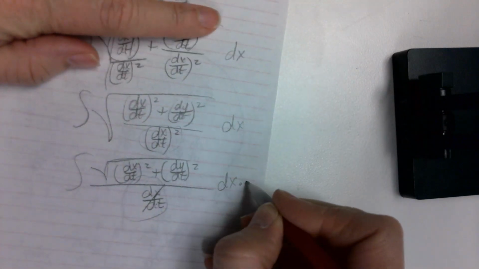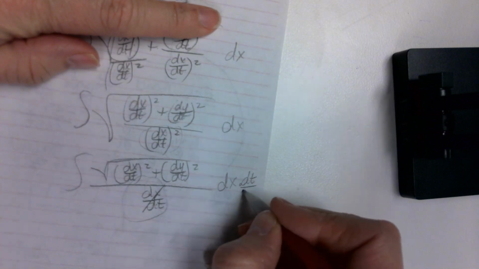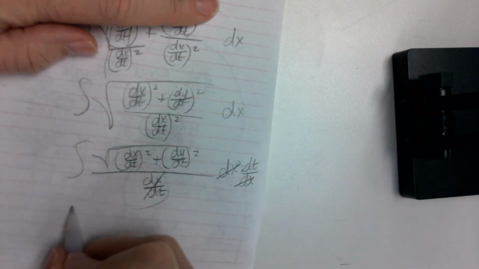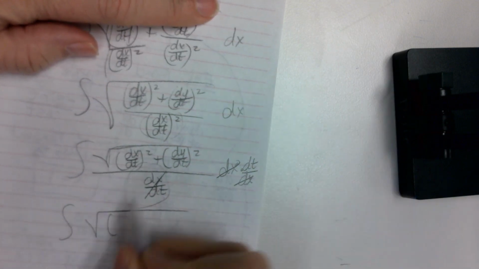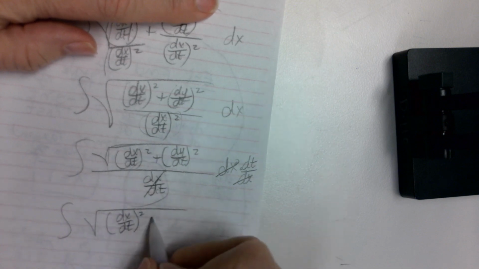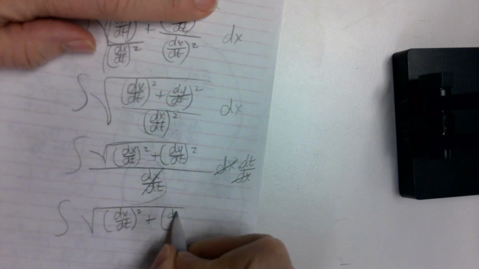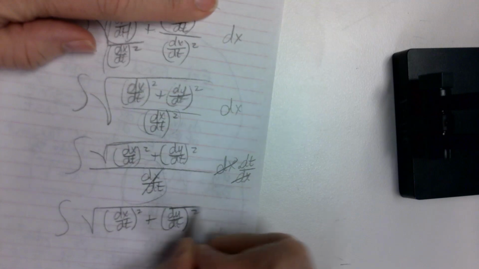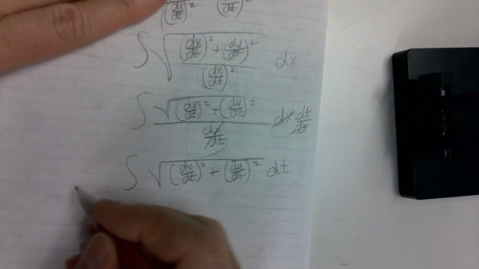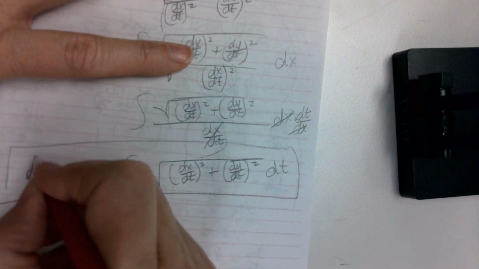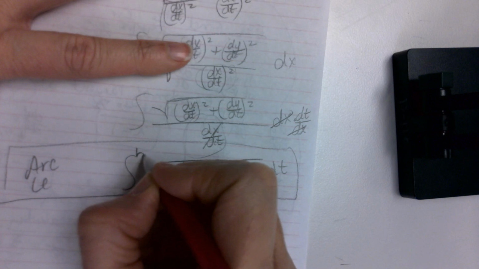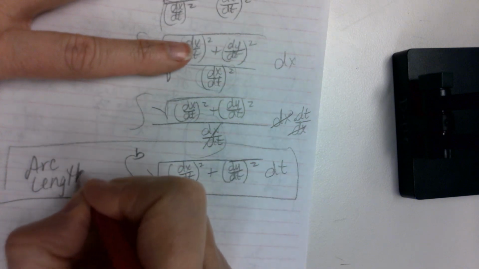Multiplying by the flip. Well, look what happens. dx's are gone. And what am I left with? A dt. This is the arc length formula for parametrics.